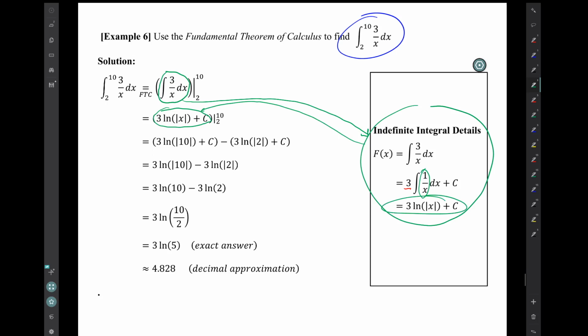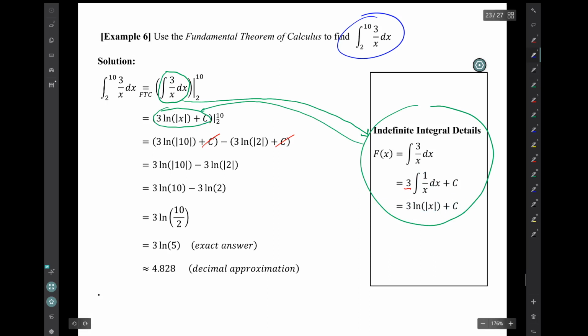A couple of things to notice here. There is this plus c, the constant of integration, which we know is going to disappear soon after when we do the subtraction. The other thing, though, that's annoying is this ln of absolute value of x. We have absolute values in our answer. But that's okay. We'll see that they disappear soon as well.